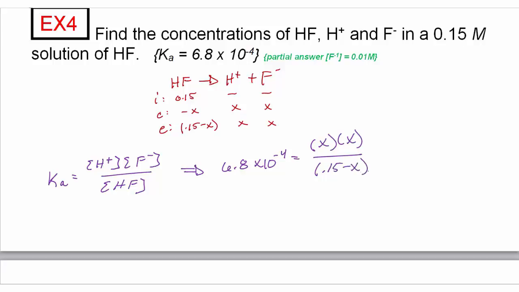Well, remember, thank goodness, 10 to the negative 4, so we can drop the minus x. Good deal. So 6.8 times 10 to the negative 4 is approximately x squared over 0.15. What's my x then? 6.8 times 10 to the negative 4 times 0.15, square root. You get about 0.01.